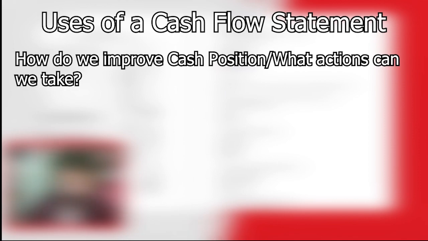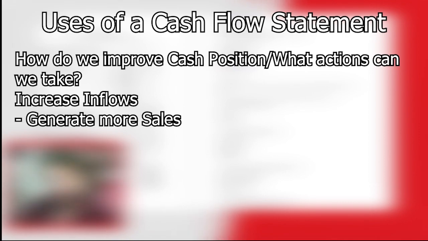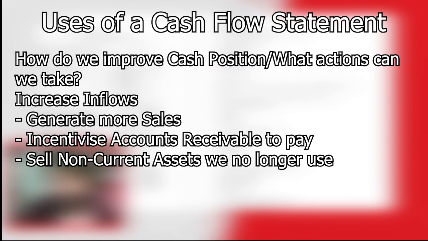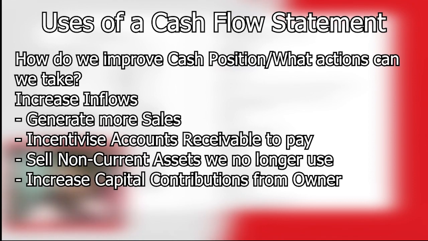The most obvious way is to minimize outflows or generate inflows. To generate inflows, we've got to look at higher sales, or increase accounts receivable collection so we can incentivize them to pay more. You could also sell assets we don't use, or the owner could contribute capital. So those are some options right there.